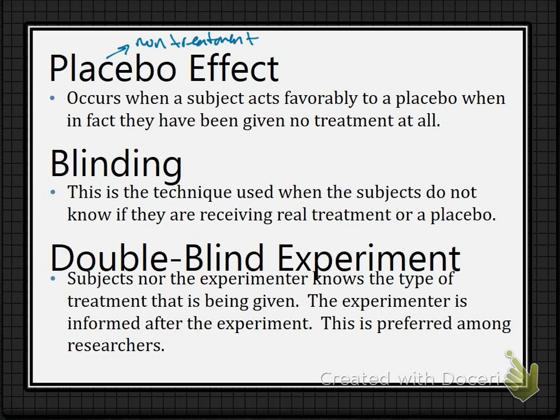A double-blind experiment is when neither the subjects nor those that are measuring your results know which treatment has been given, right? No one involved in the experiment itself can know who's getting the treatment and who's not in a double-blind experiment. The people measuring the results and the subjects find out after the experiment is done.